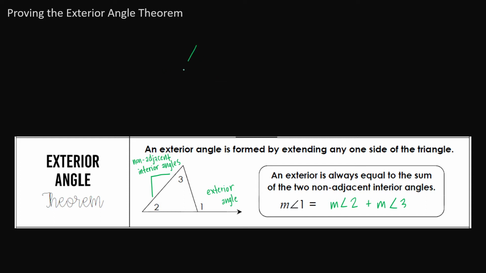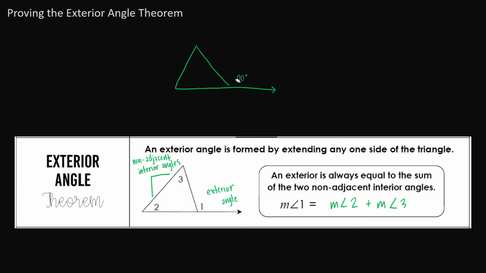So let's just redraw a diagram. It doesn't have to be too fancy here, and it could be a different kind of triangle. Doesn't really matter. So we have angle 1 on the outside. Let's call this a 100-degree angle. Let me backtrack for a second.